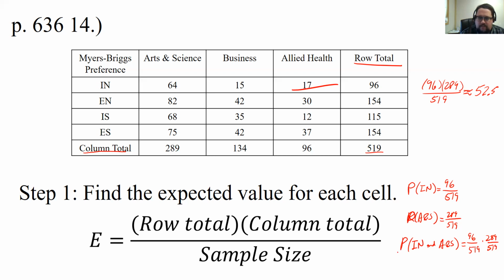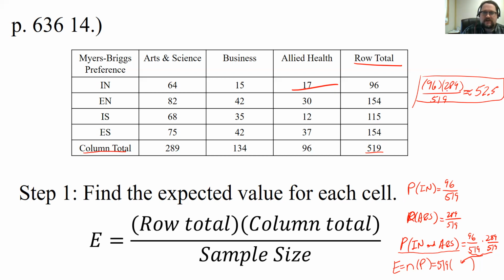Well, remember, this is the probability you would end up there, but the expected value would be the sample size times that probability. So it would be all this times 519, which would cancel out one of the 519s. And so that's why it comes out to be this formula. So if you're wondering how they calculated that, that's what it's doing.